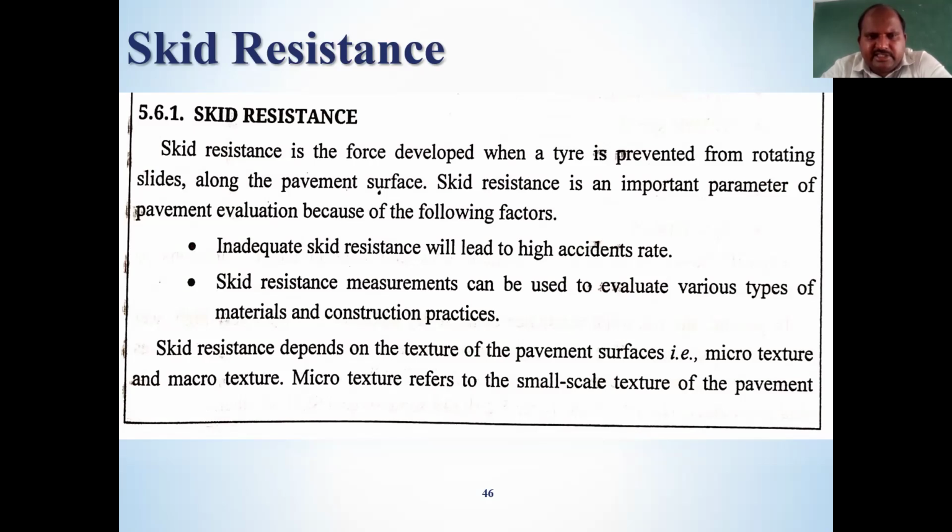And skid resistance measurements can be used to evaluate various types of materials and construction practices used in pavement design. And skid resistance depends on the texture of pavements, for example micro texture and macro texture. Micro texture refers to the small scale texture of the pavement.